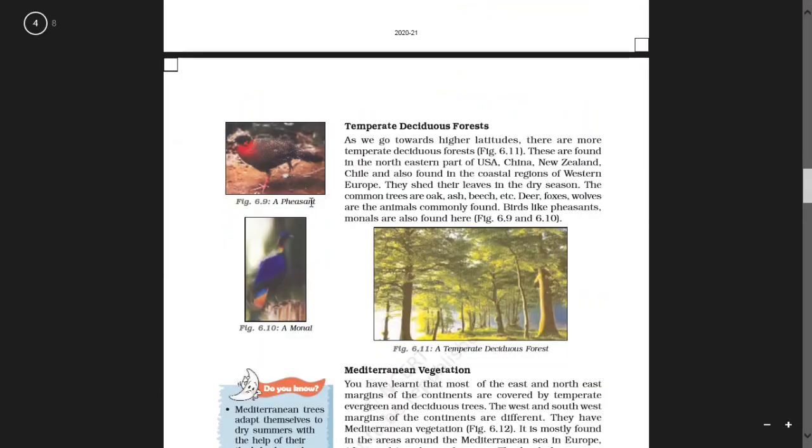Now, let's see temperate deciduous forests. As we go towards higher latitudes, there are more temperate deciduous forests. See 6.11. See these pictures very carefully, boys, and then find out the differences of different types of forest. So as you go towards higher latitude, there are more temperate deciduous forests you will find.